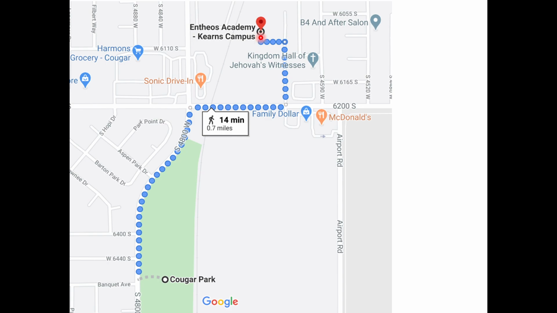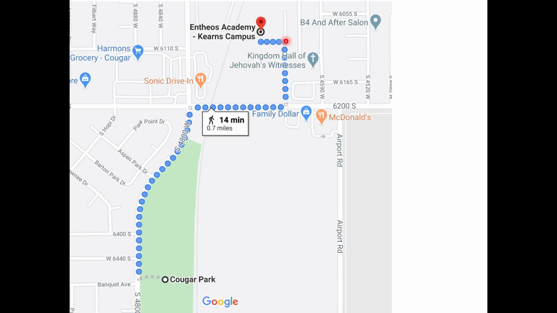If you were to walk out the front doors and start walking down the driveway, along 6200 South, and then you turn at the gas station, and down here is Cougar Park. So if you walk down Cougar Park and go to the playground at that park, it's 7/10 of a mile, which is really, really close to a kilometer. A kilometer is actually 8/10 of a mile, so this was really, really close.